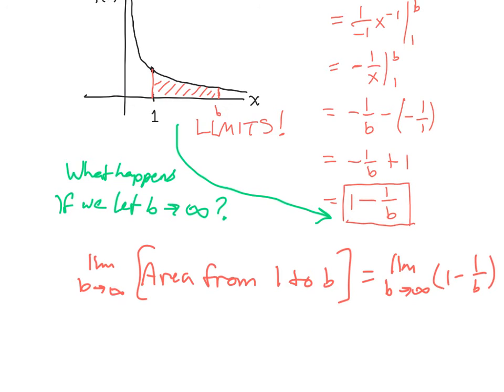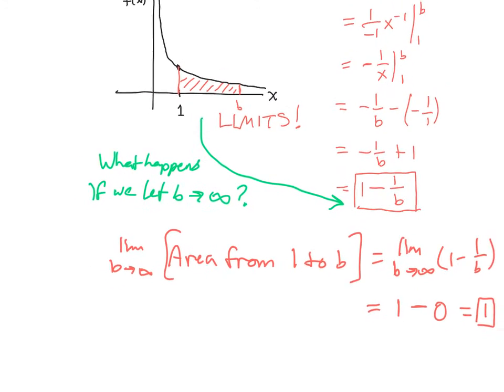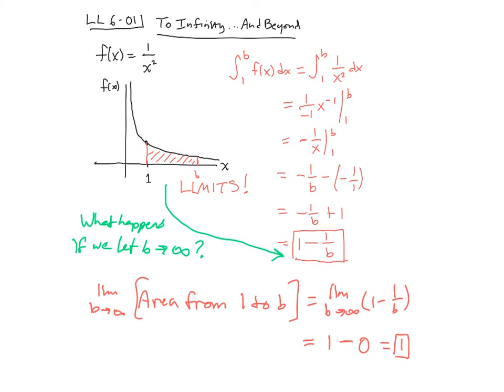And I hope that you know enough about limits to say that that limit is 1 minus whatever 1 over b goes to as b goes to infinity. Well, that's 0. So that limit is 1. So what we've just given here is an argument that the area of this region, if we let b go to infinity, is going to approach 1.